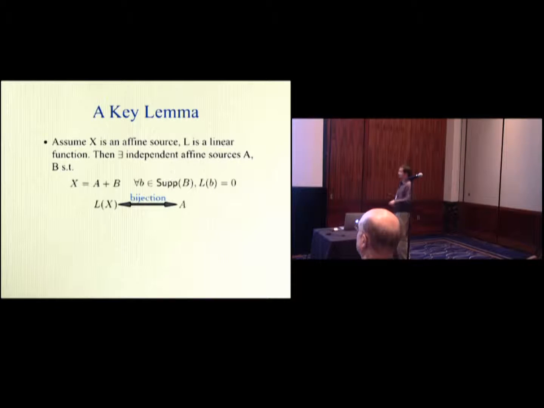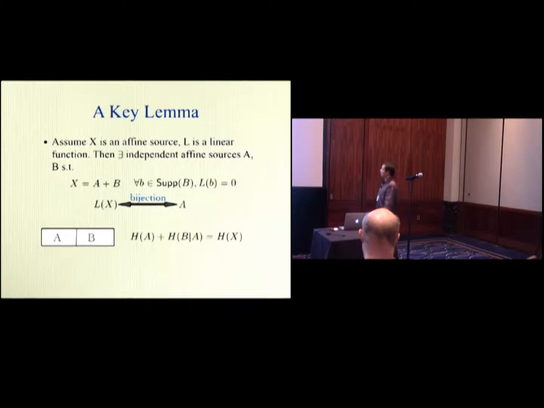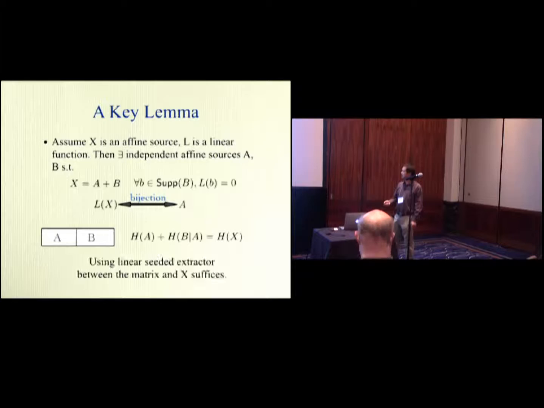In another sense, if you apply this linear function to X, it's just a bijection with this source A here. And this is another picture that shows that you can decompose this source into A and B here.